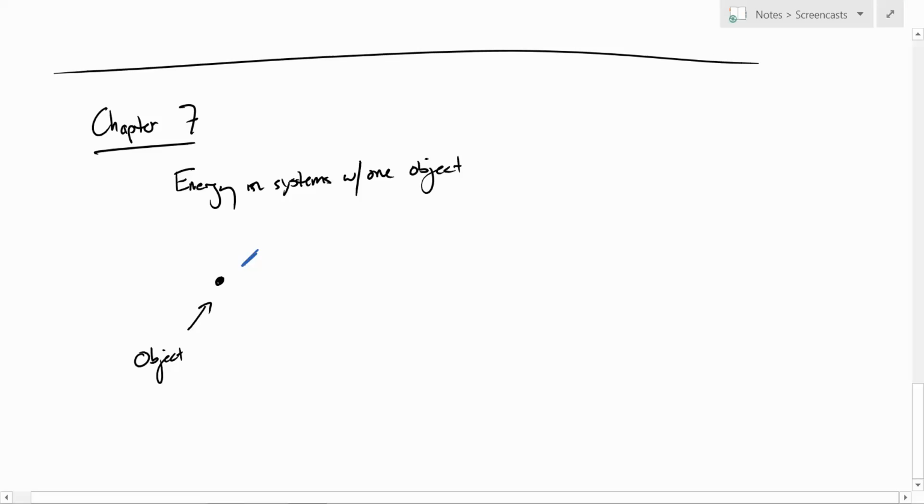Maybe it has internal energies. The only kind of energies that we care about that are internal is kinetic. In theory, you could have chemical, you could have thermal, based on its temperature, you could have some kind of nuclear energies. Later, other classes. For us, kinetic.